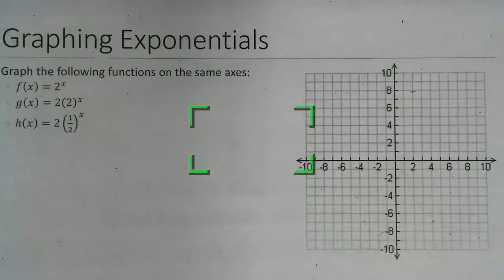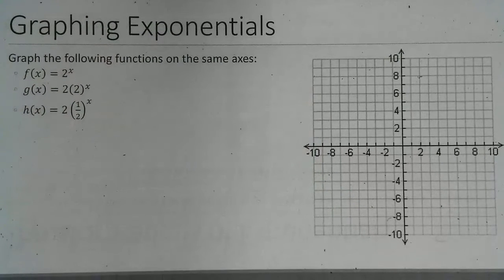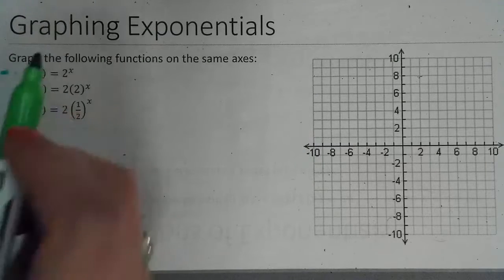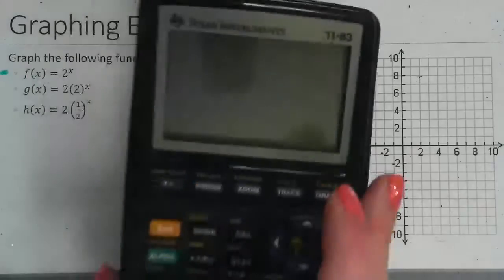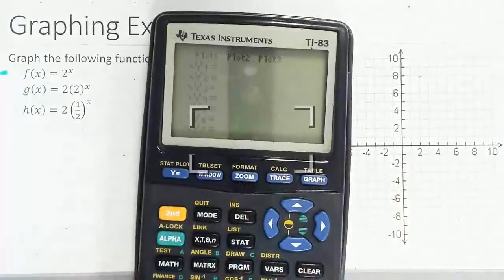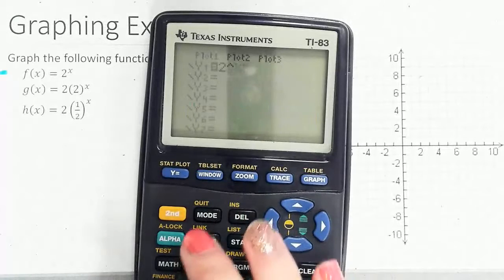So we're going to graph the following functions on the same axes. First up, we have f of x equals 2 to the x, and then we'll go from there. I'm going to graph this f of x in green. When in doubt, I can always go to my y equals on my calculator and type in 2 to the x power.